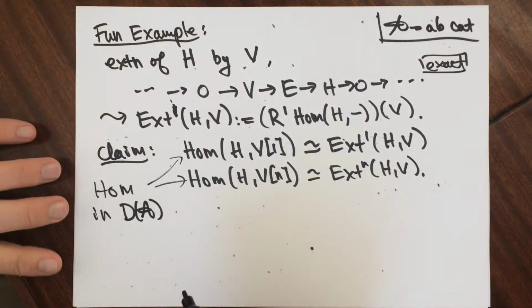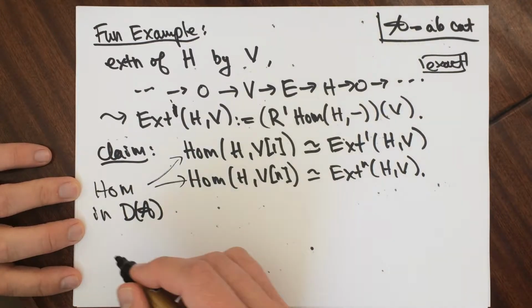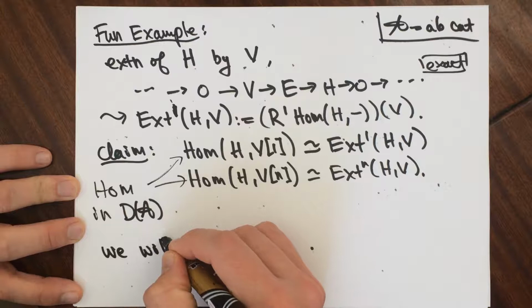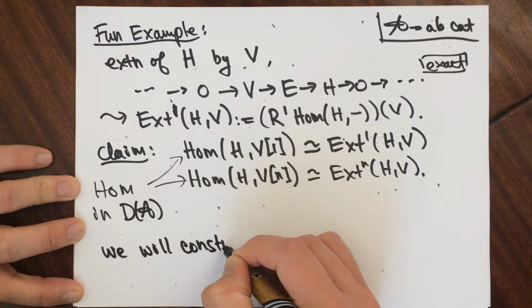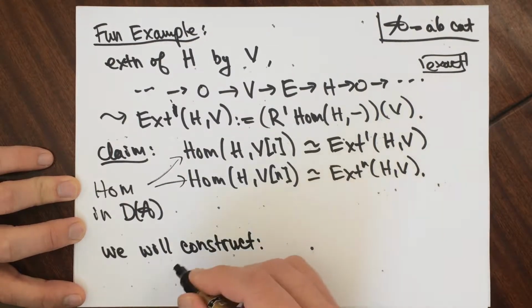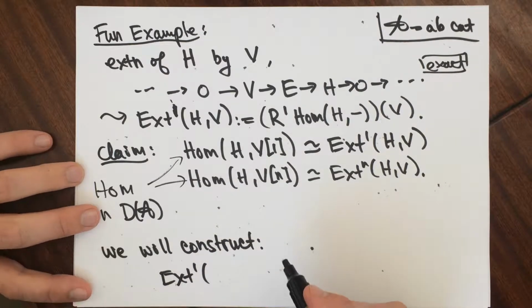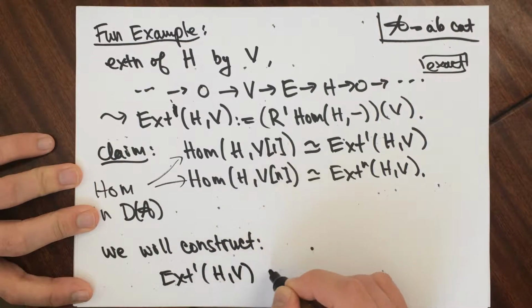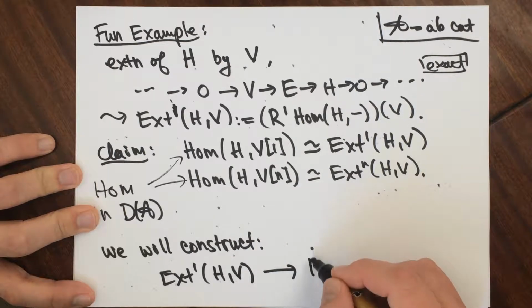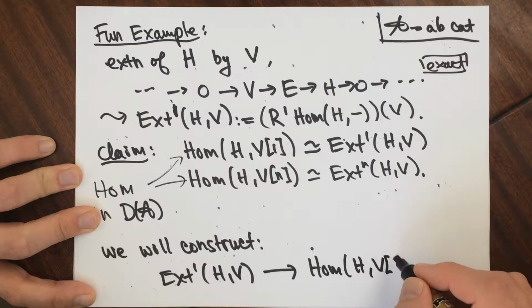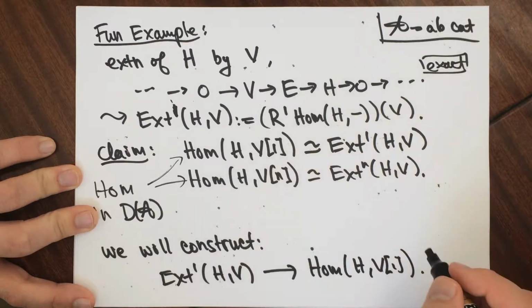Okay, so what we will construct, we won't give the whole proof. We'll construct a map from Ext^1 of H and V to these Homs, from H to V[1], in the derived category.